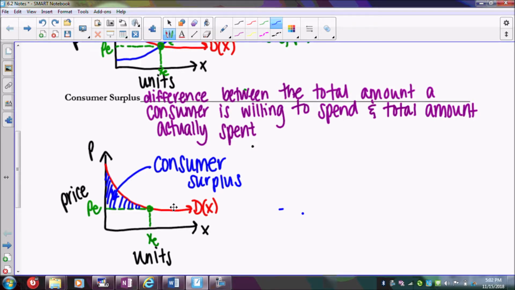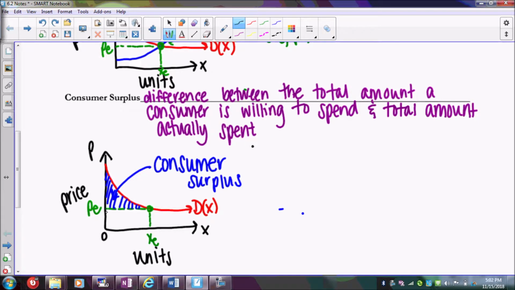In this region, d of x will always be greater, so we're not going to have to test to see which function is greater. What we'll do is take d of x, subtract off this horizontal function, p sub e, and then integrate between 0 and whatever the number of units is at that equilibrium point.